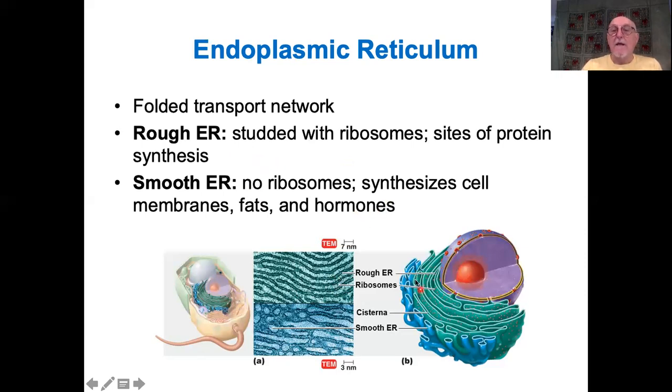There is another kind called smooth endoplasmic reticulum. Here it is here. Depending on the type of cell, it is often not as prominent as the rough endoplasmic reticulum. But it is also a site of synthesis, much more closely involved with lipid metabolism, with lipid synthesis and modification.